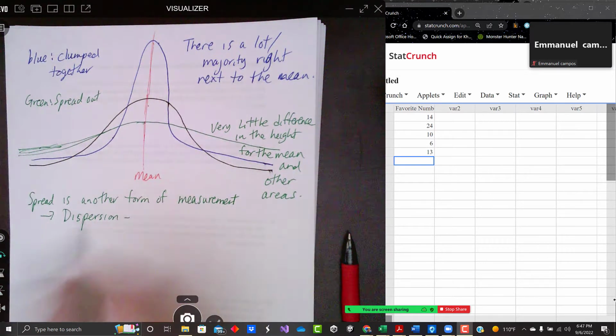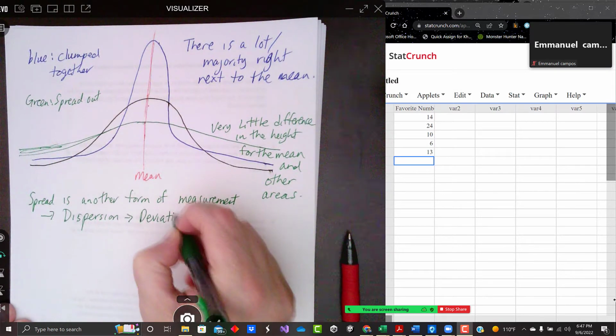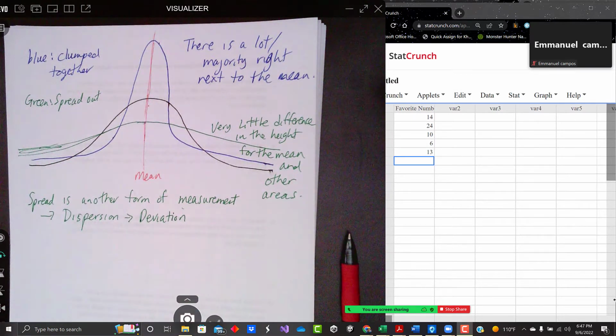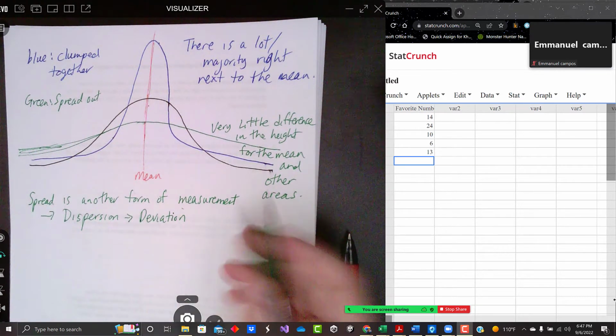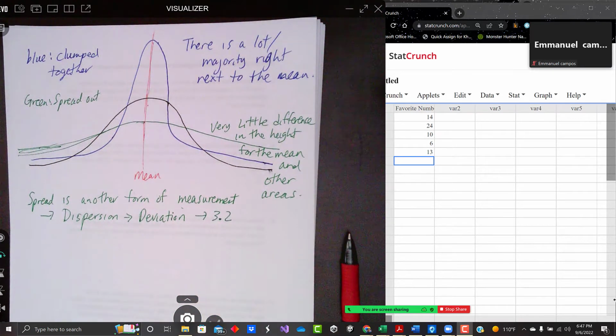Dispersion, like how much does it spread out? Deviation, how much does it deviate from the average or the middle? We are going to look at this spread, these dispersions, this deviation. This is going to be in 3.2. We're going to do 3.2 and 3.3 on Thursday.